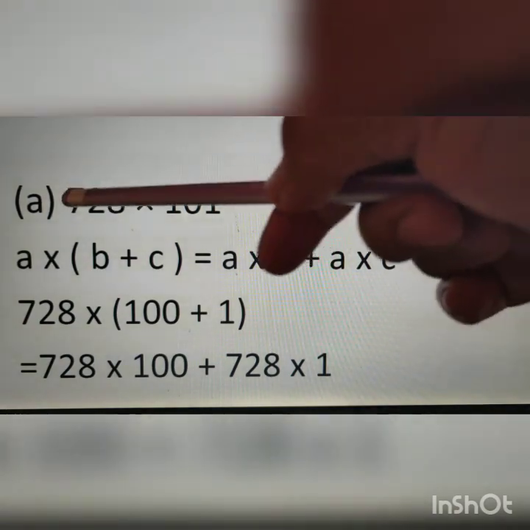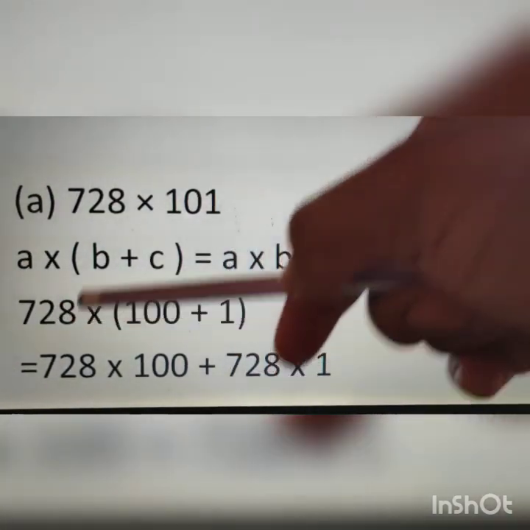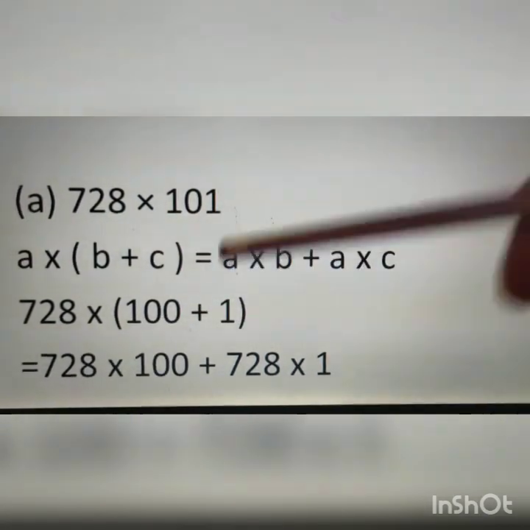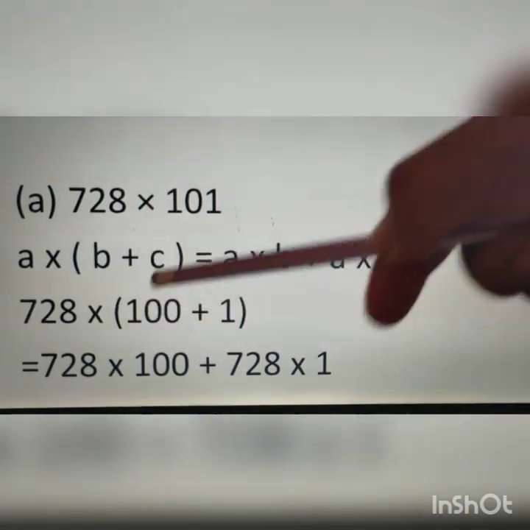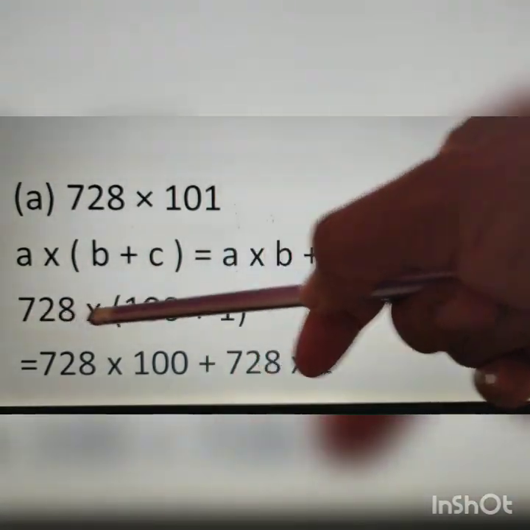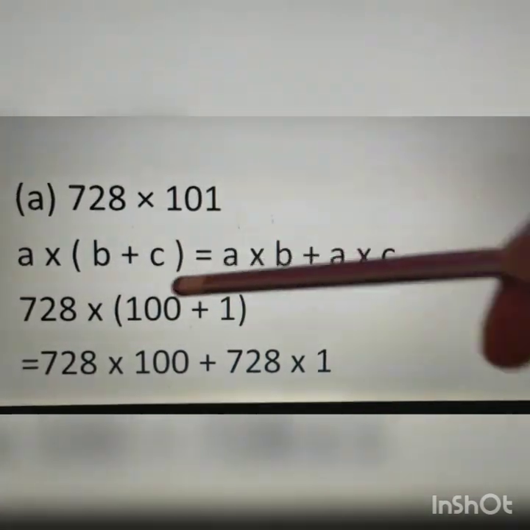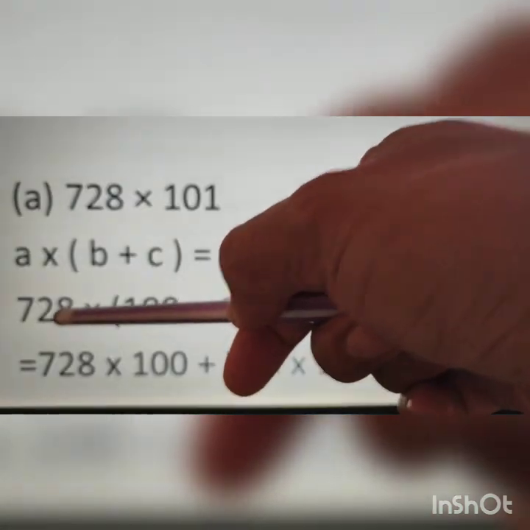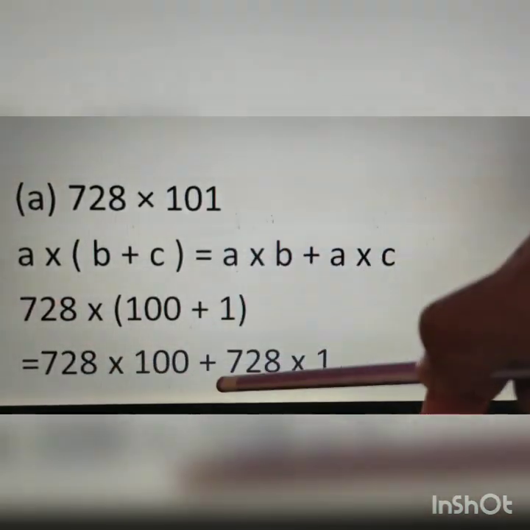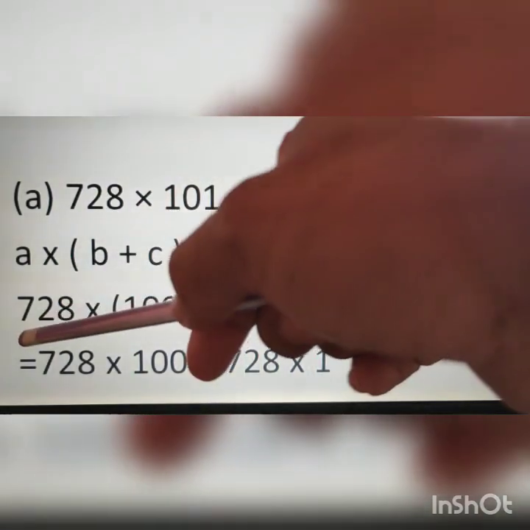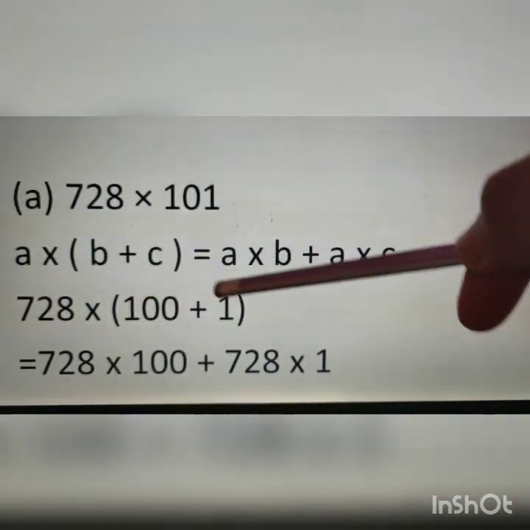Therefore, we can write 728 into 101. We can split it into 100 plus 1. We can write 101 as 100 plus 1. And this 728 is common to 101. Therefore, by distributive property, we will multiply 728 with 100 plus 728 into 1, because it is common to 100 and 1.